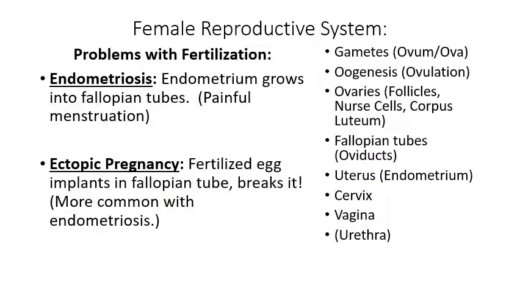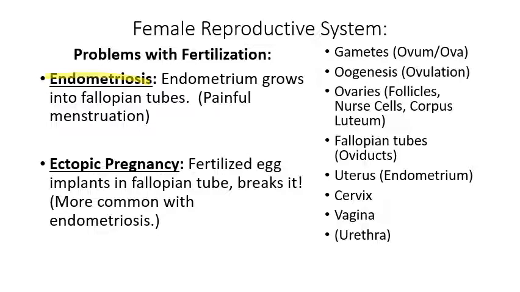Okay, we talked about two problems with the male reproductive system. Let's talk now about two problems with the female reproductive system. Endometriosis is where the endometrium grows out into the fallopian tubes, where it should not be.